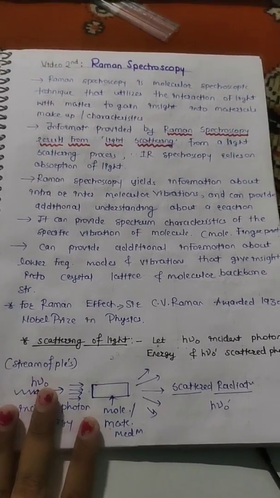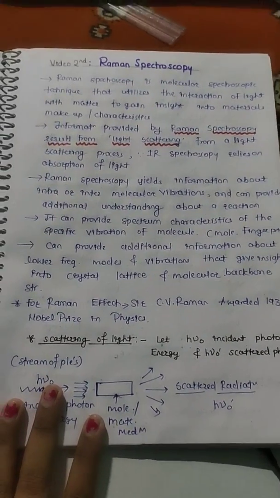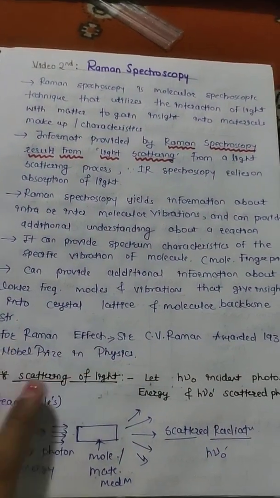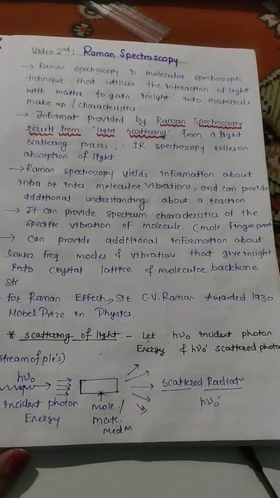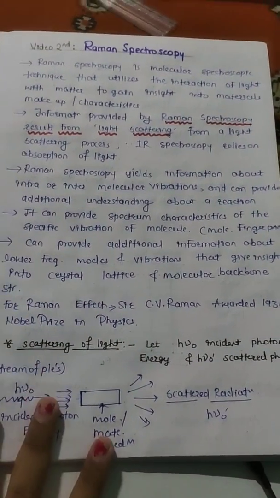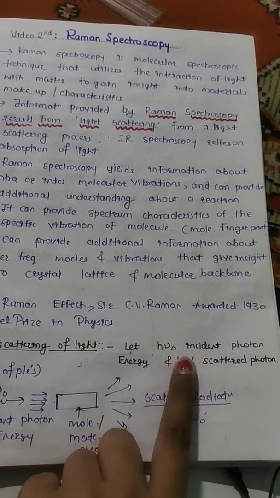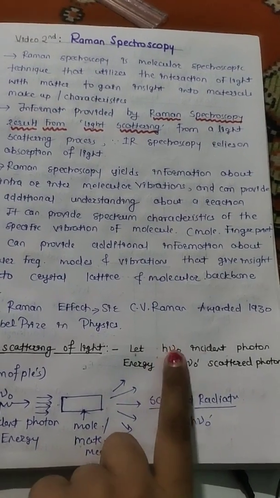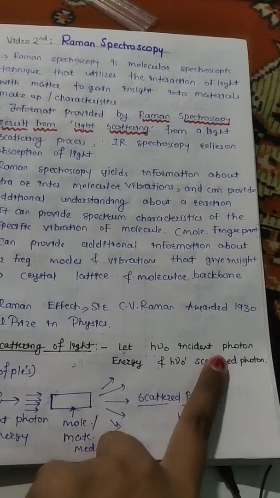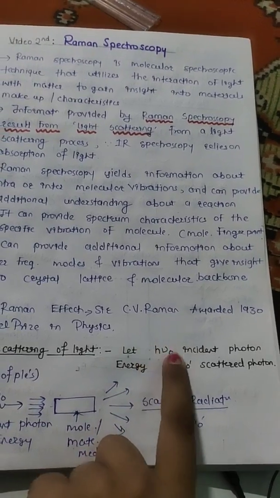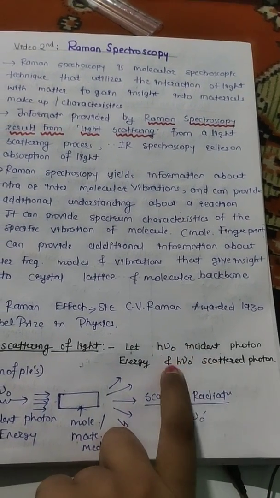Okay, we are starting with scattering of light. Raman spectroscopy results from light scattering. Before starting, just remember throughout the video, this is useful to you: h nu naught is the incident photon energy, and the scattered photon has h nu naught prime.